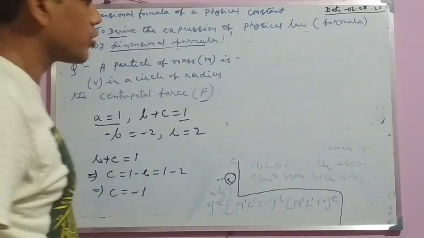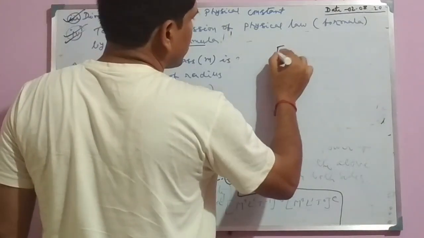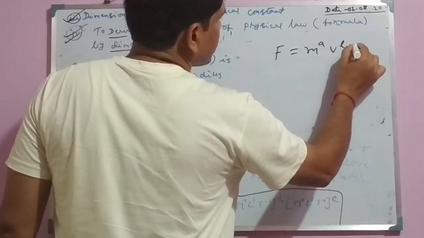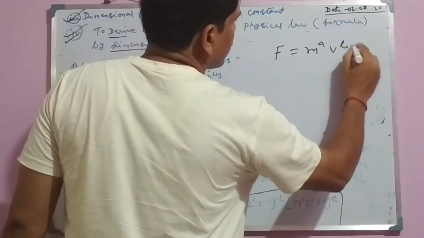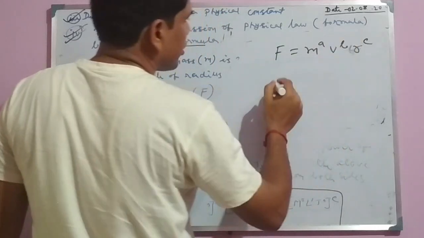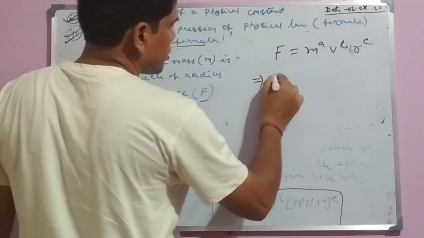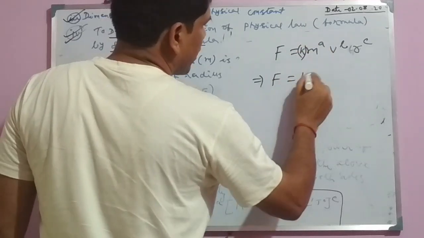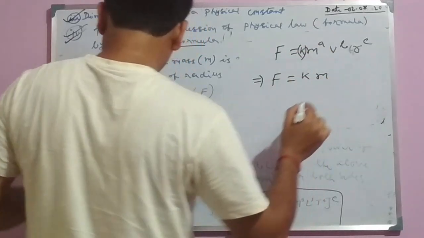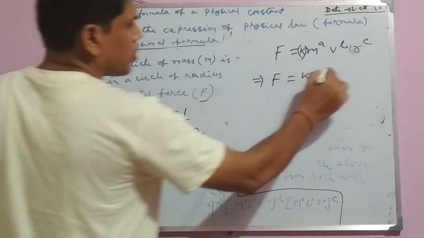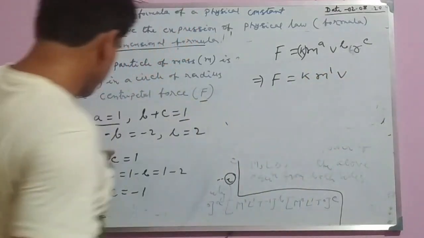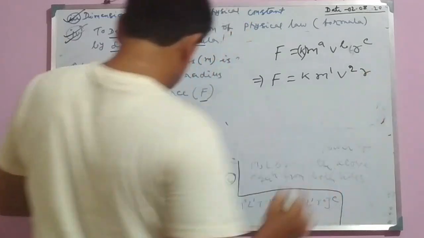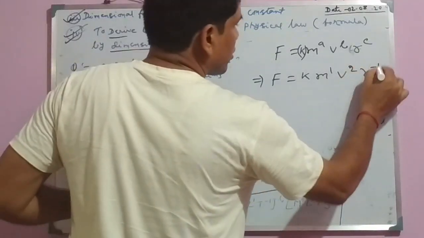Now putting all these values in equation 1, we know F equals k m to the power a, v to the power b, r to the power c. Putting the values of a, b, c, F equals k, m to the power 1, v squared, r to the power minus 1.